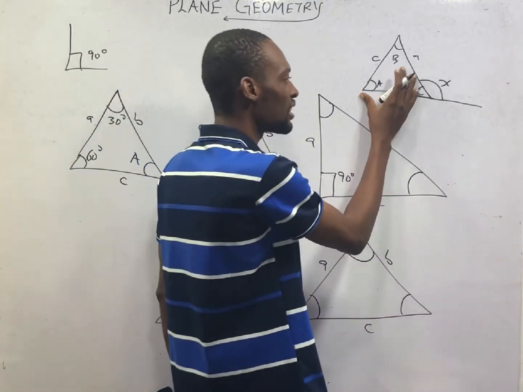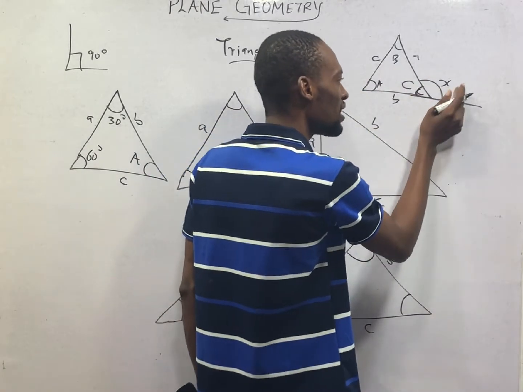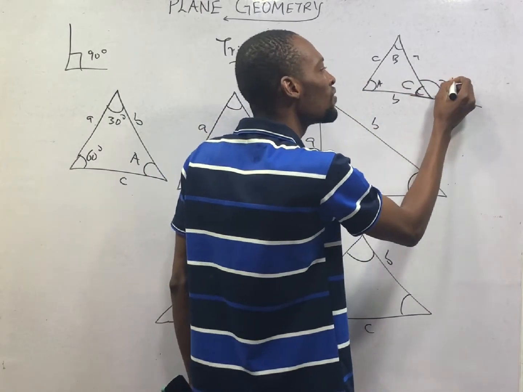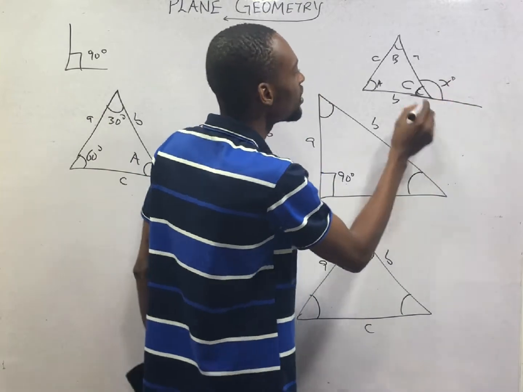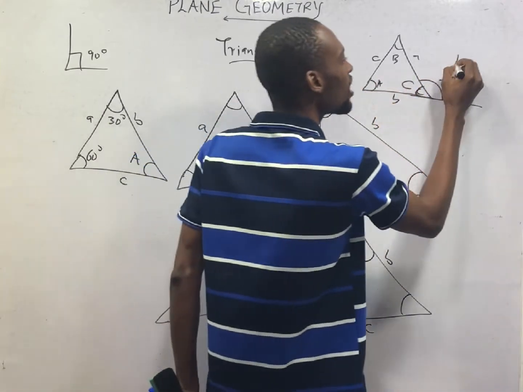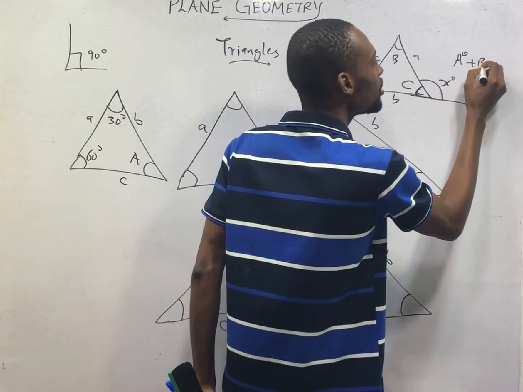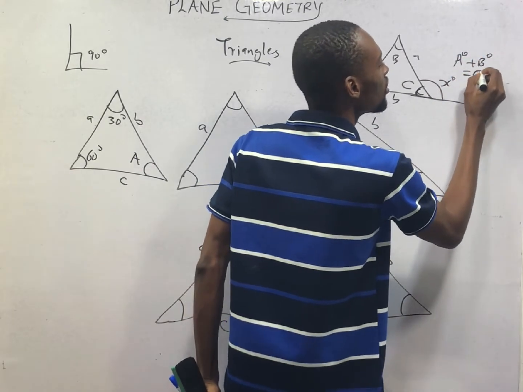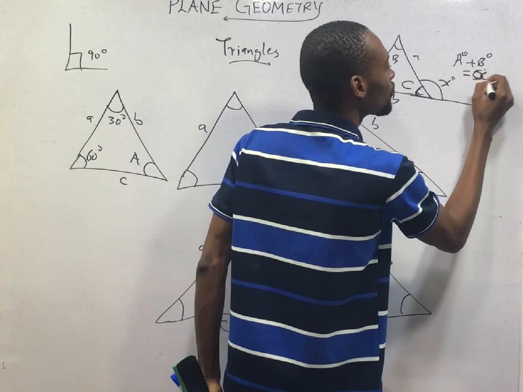You have a triangle like this, then you have another angle here, S. So the value of this S in degrees is simply the sum of the opposite angles, B and A. So angle A degrees plus B degrees is equal to S degrees.